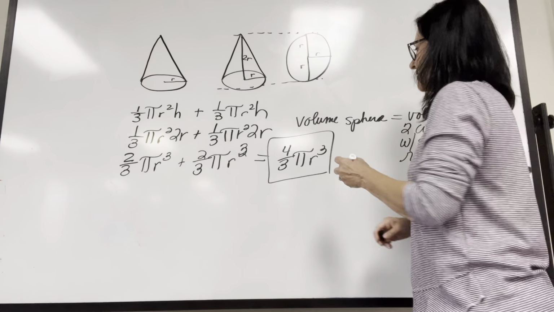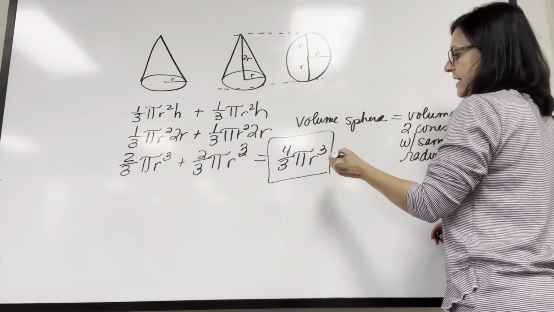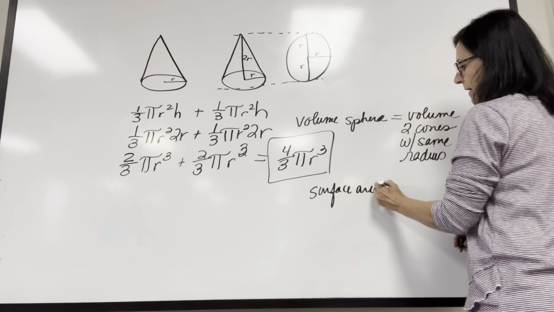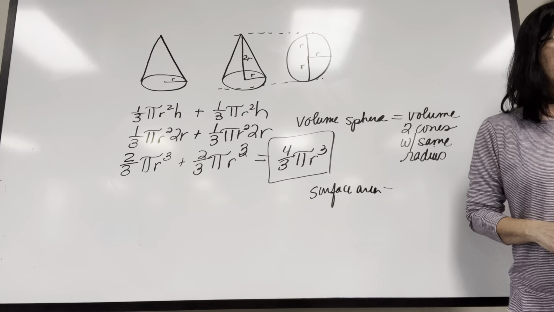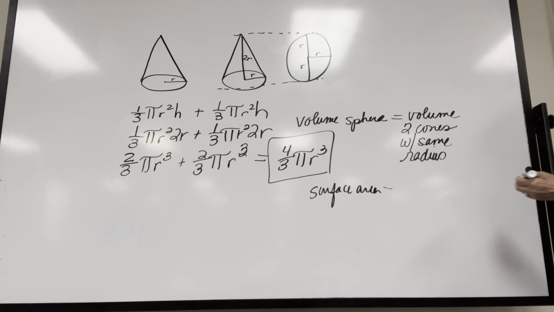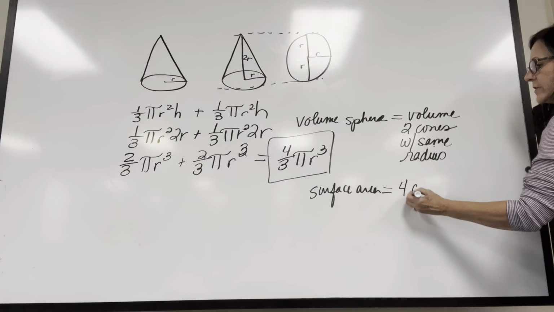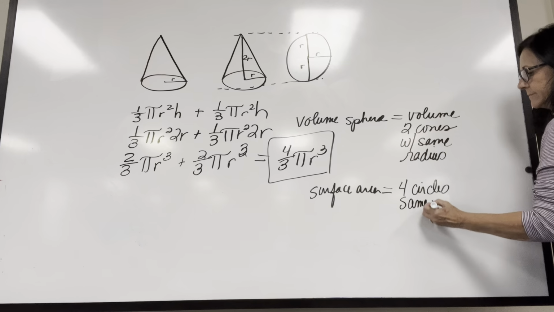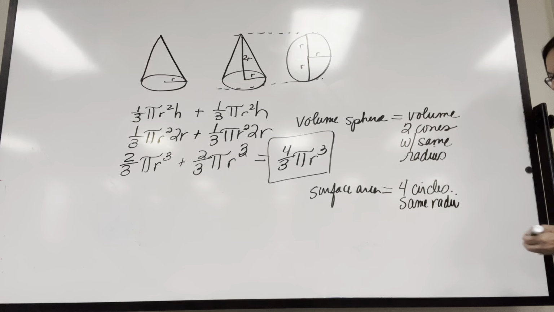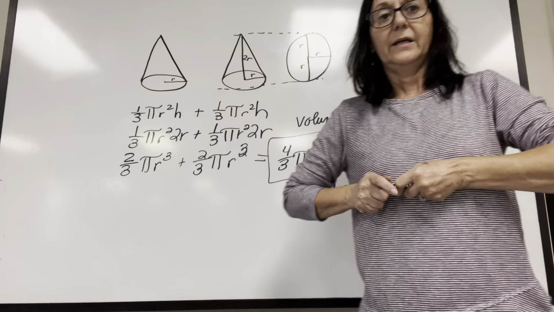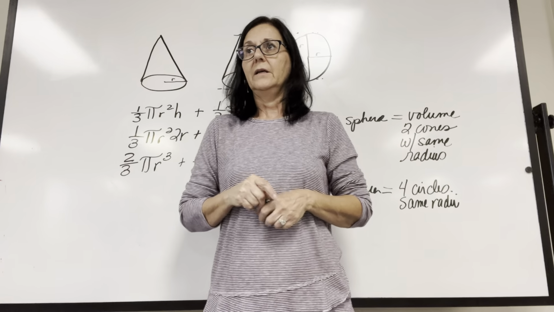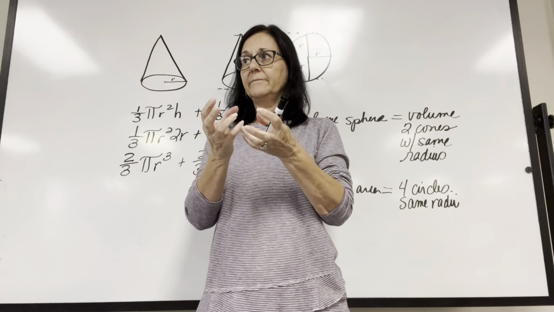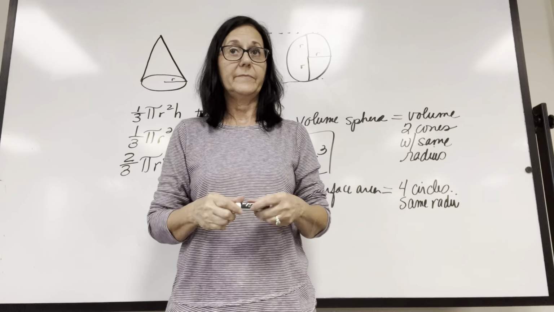That's volume. The surface area of a sphere is equal to 4 circles that have the same radii. It's as though all the area, we could just place 4 circles on it, and that would be the surface area of a sphere.